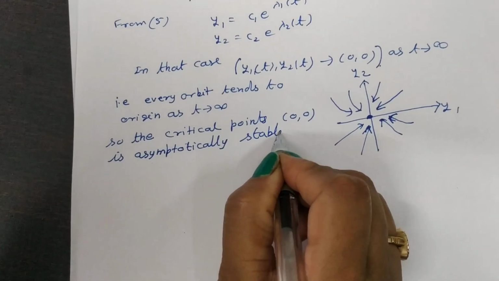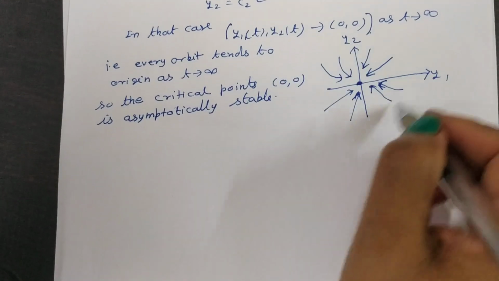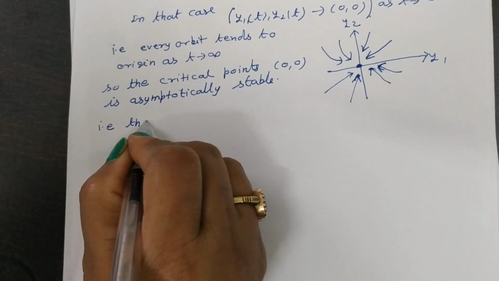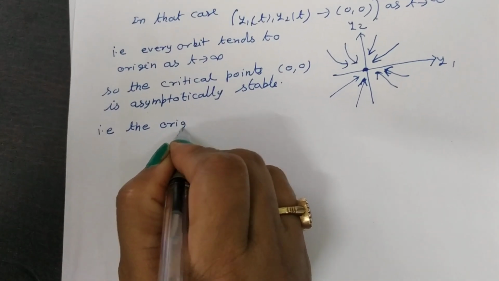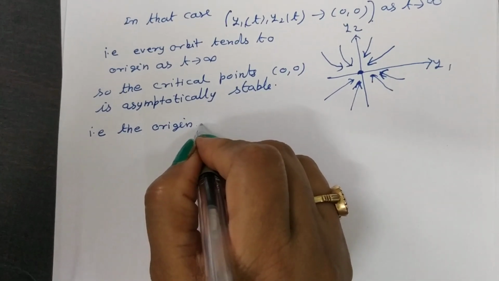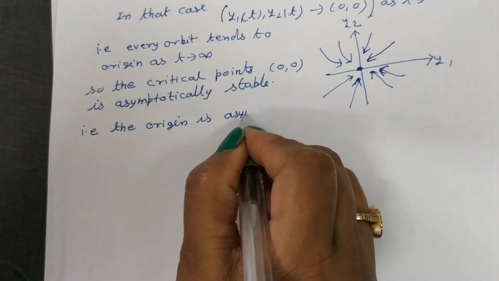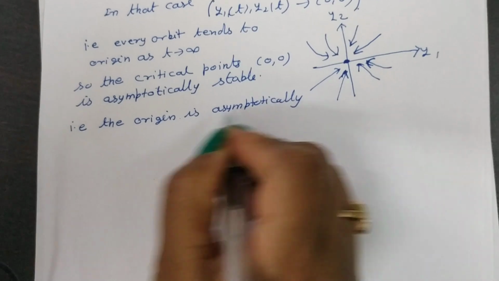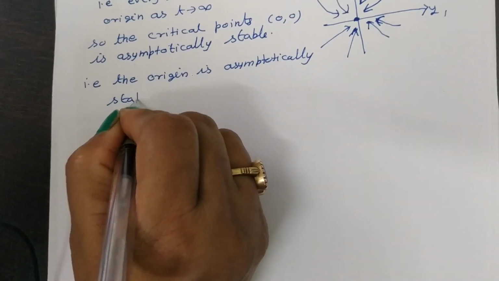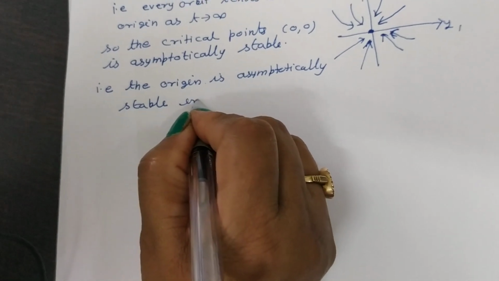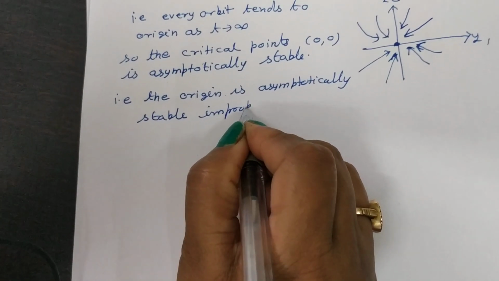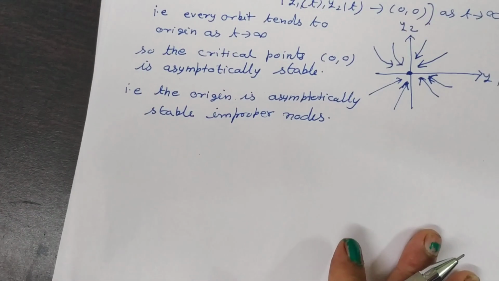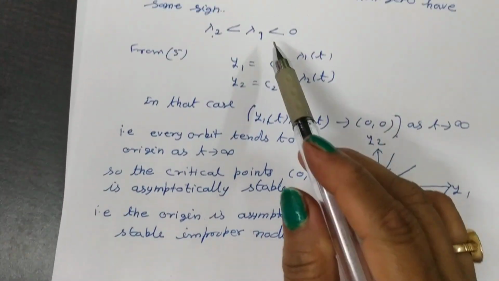And the phase portrait can be written as, the origin is an asymptotically stable improper node. That is the case when both lambda 1, lambda 2 are negative roots.